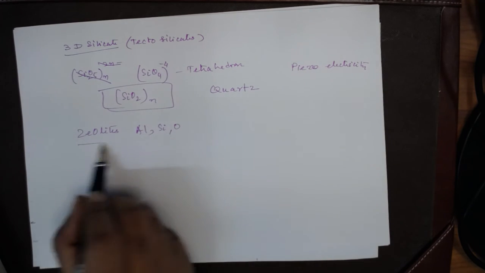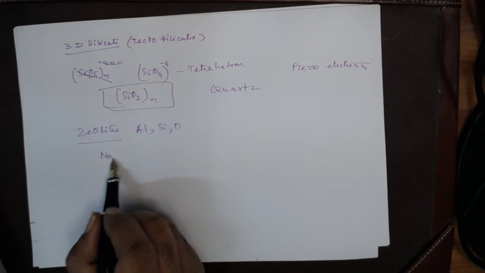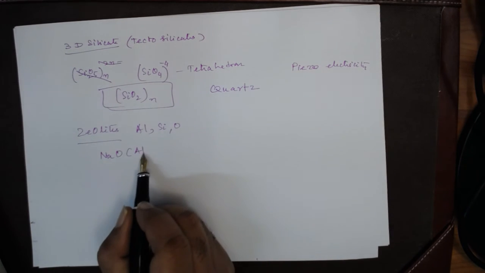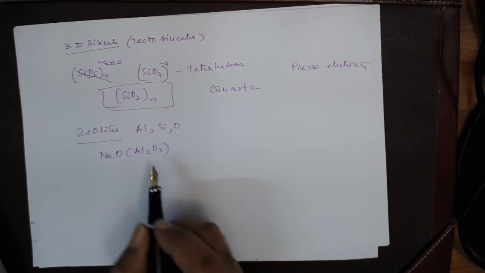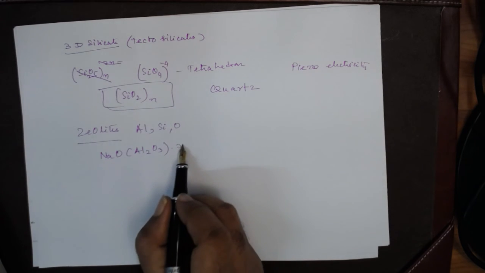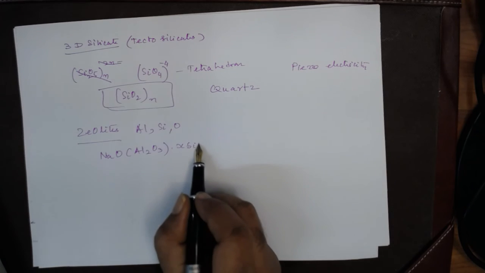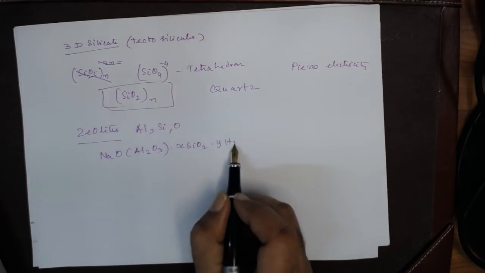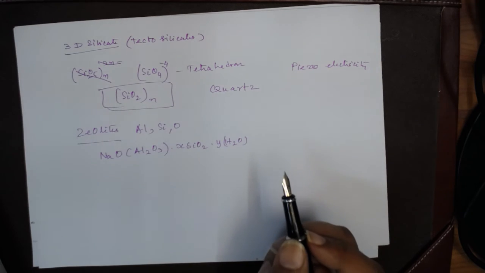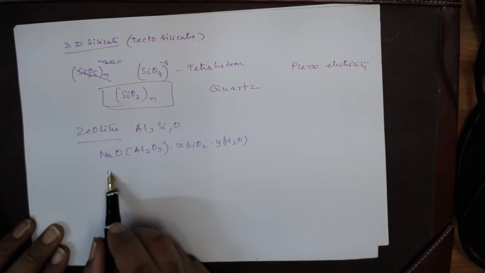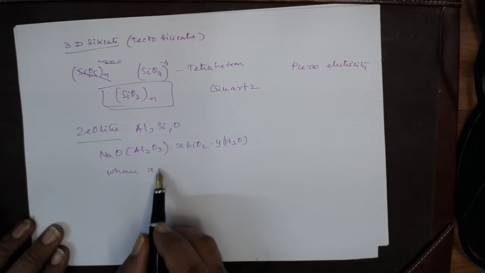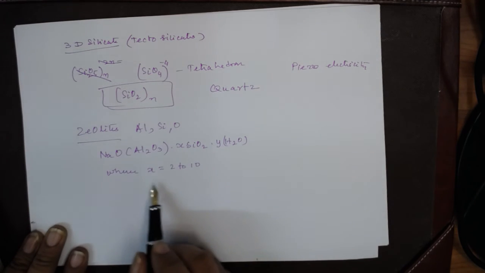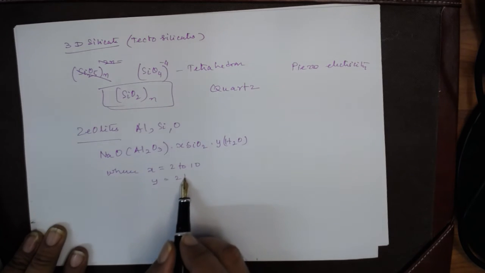Their general formula is sodium oxide, and along with that you have got alumina, Al2O3, aluminum oxide. Then it may contain X number of SiO2, silica, and Y number of H2O, hydrate, where X may range from 2 to 10, Y may range from 2 to 6.